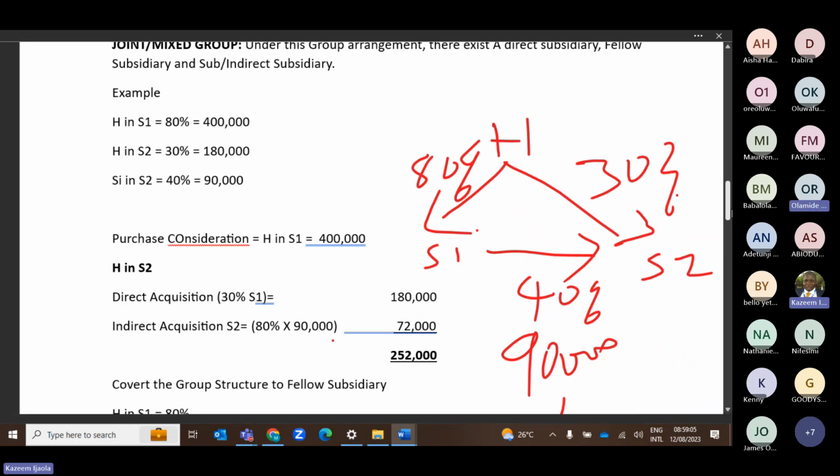Direct acquisition is what H owns in S2 directly. See the 30% on the right here, can you see how my mouse is moving? But what you wrote was 30% in S1 is 180,000. I am sorry, it's my bad. Let me drink some water now.